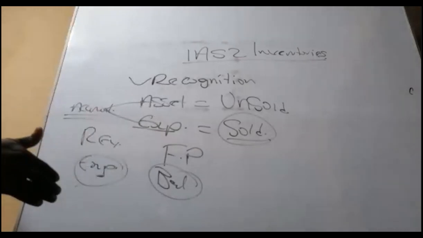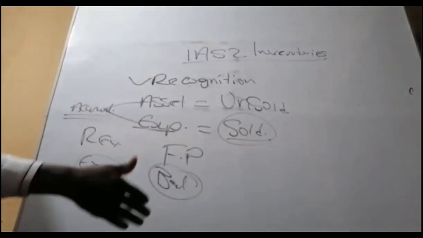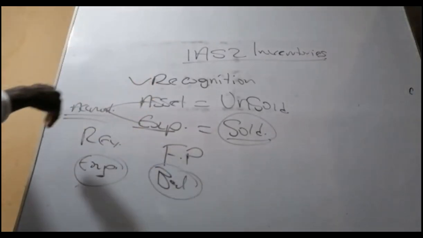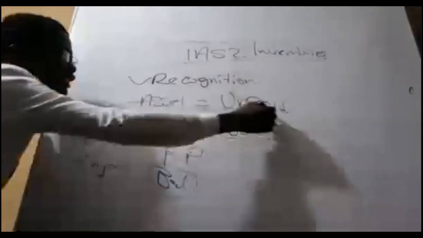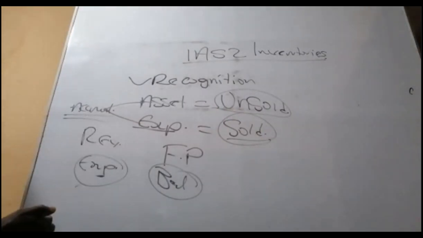When you go to the next period and dispose of it, you match it there. So it will be opening inventory in the next period, but closing inventory here. So unsold inventory must be carried forward as a balance on our balance sheet, so that next period, when we dispose of it, it becomes an expense. So that is the recognition.